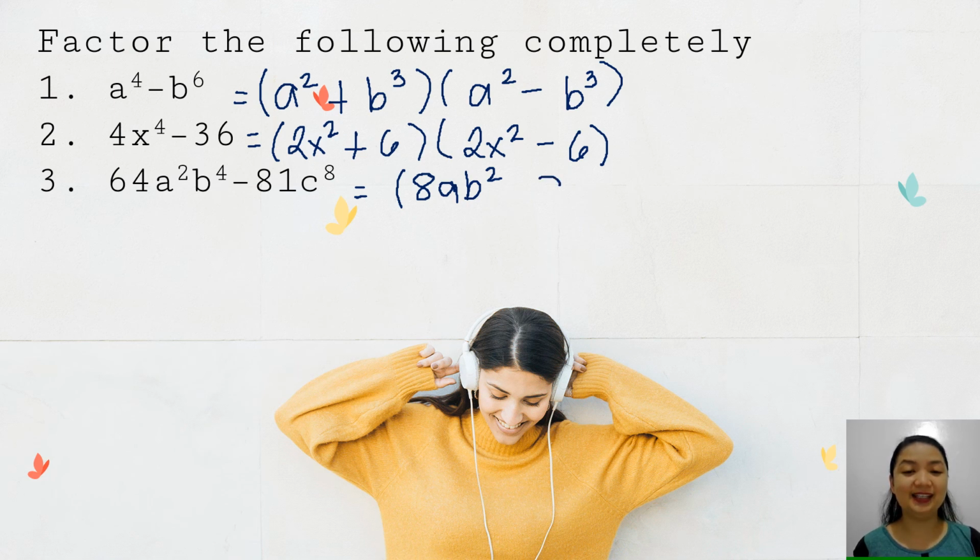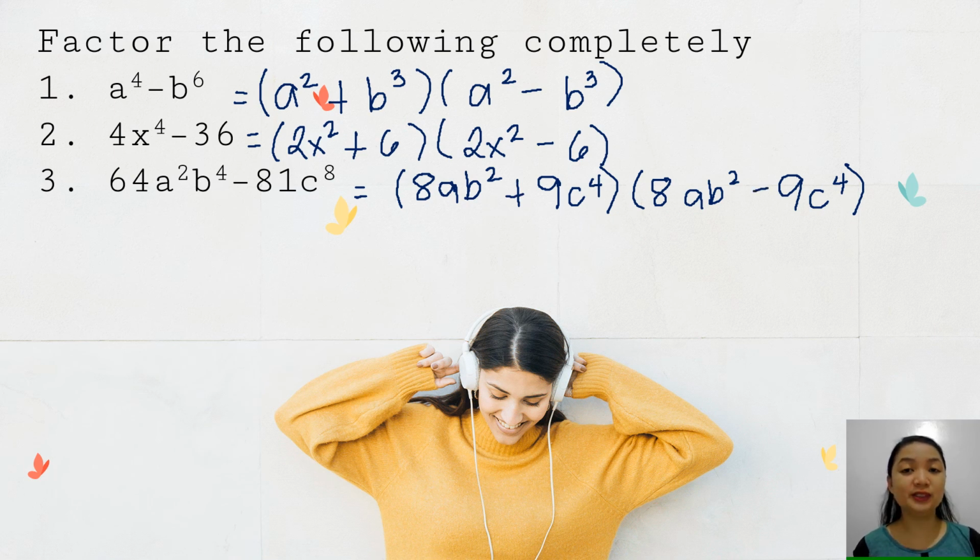So it's 9c to the 4th. And the other factor, it's 8a and 9c to the fourth. That is right. And then, do not forget to write the symbol between them. One must be positive, the other one is negative.